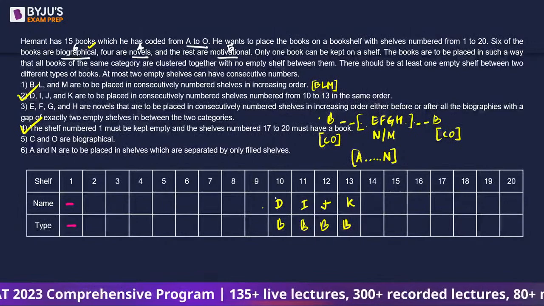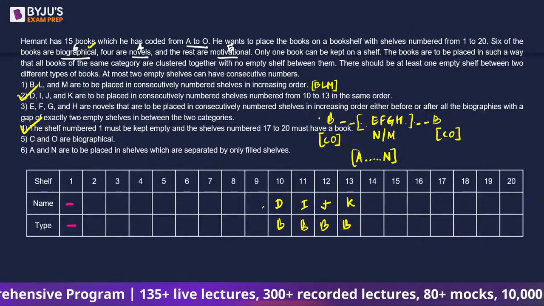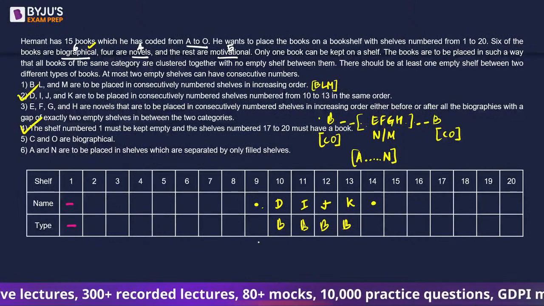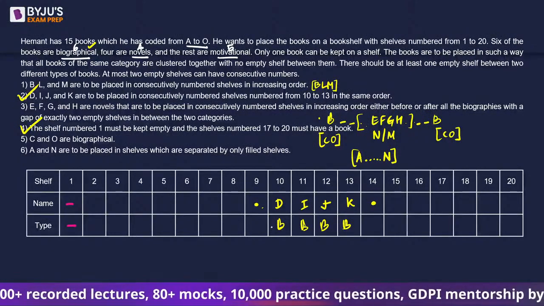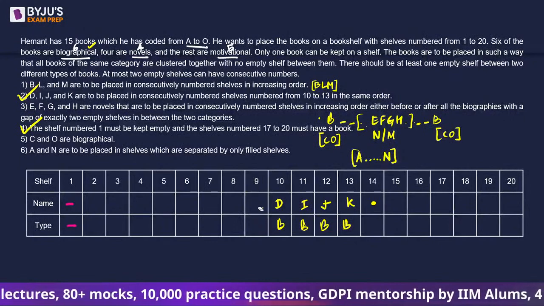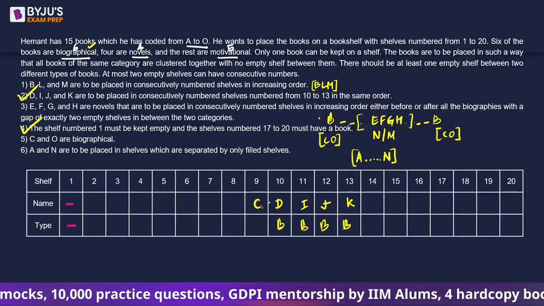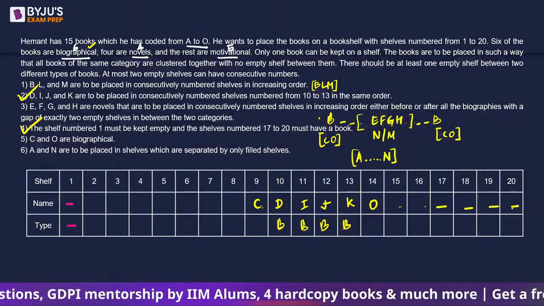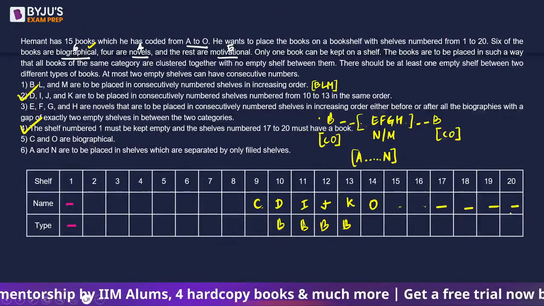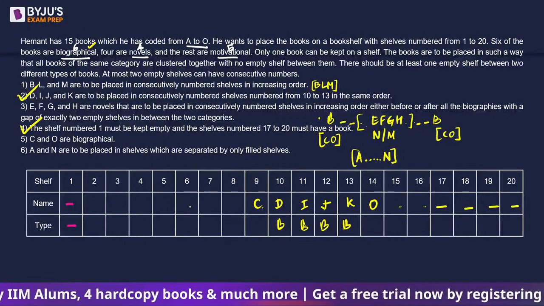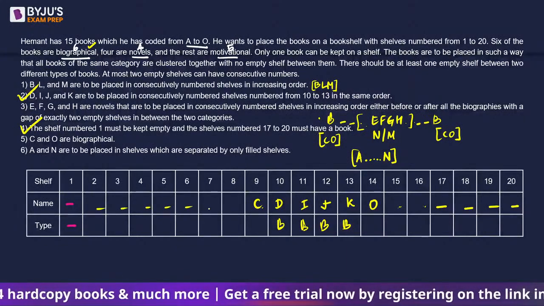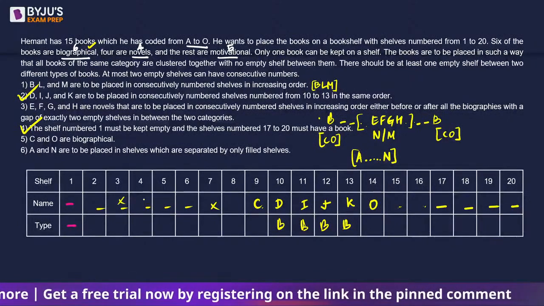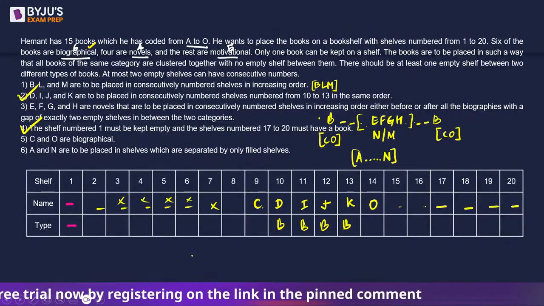The other possibility from the beginning, if you look into it, we can have these two as the 6 biographies, but then CO are biographical. So we are going to place C and O over here. Now we can take a gap of 2 and place 4 novels, and then we can place 5, either 1, 2, 3, 4, 5 motivational here, or we can shift it a bit here as well. ये 5 भी हो सकते हैं, right?